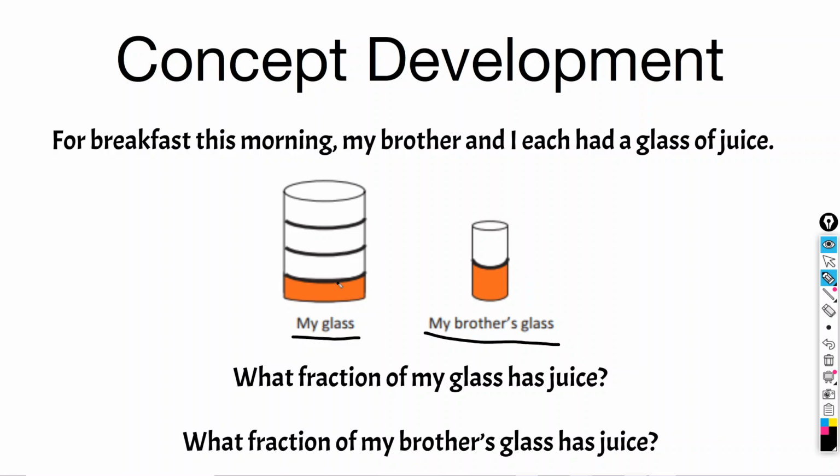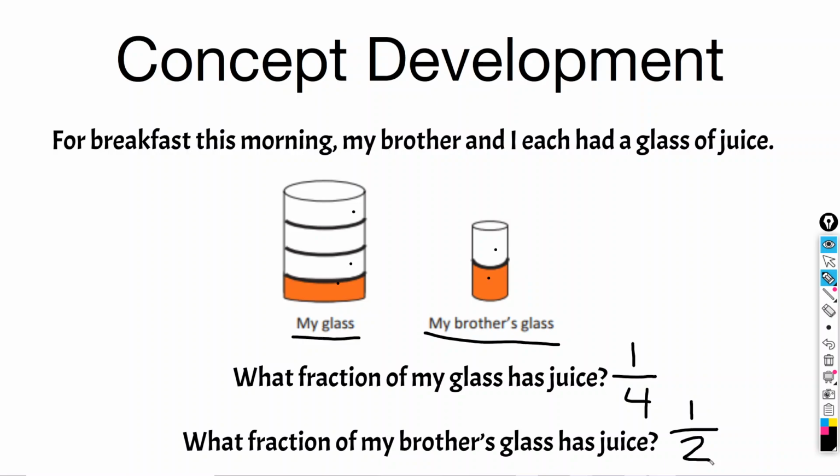Well, over here has shaded one piece out of 1, 2, 3, 4 pieces all together, and we call that fraction 1/4. What fraction of my brother's glass has juice? Well, there's 1 piece shaded out of 1, 2 pieces, and we call that fraction 1/2.